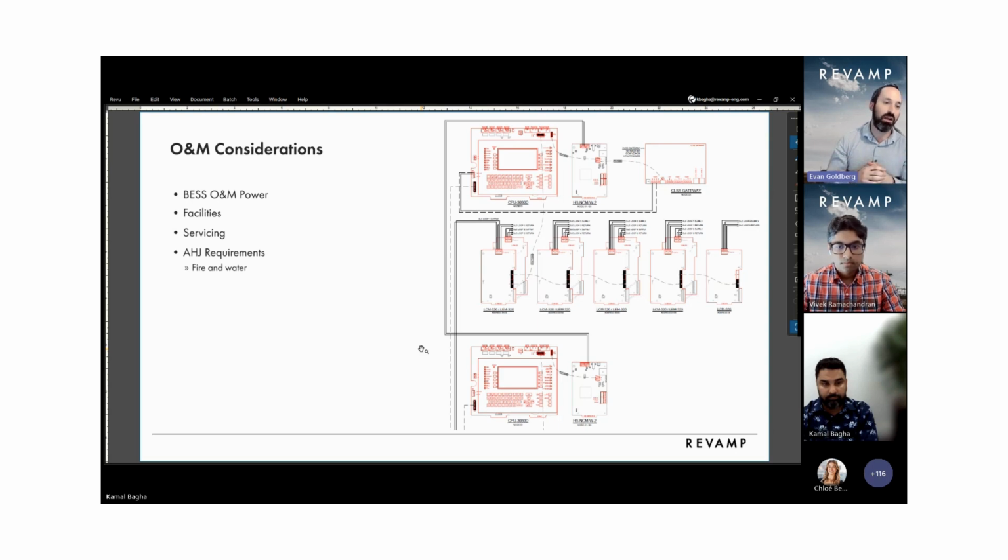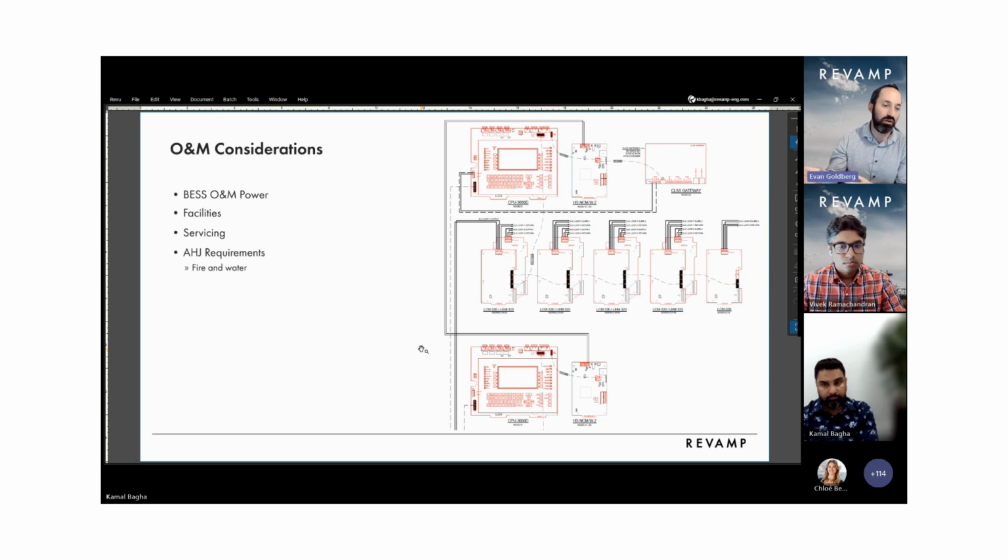Don't forget that some manufacturers also require O&M power in the actual BESS itself, right? Receptacle, where are you going to get that power from? If it's from the substation, are you going to be able to run a circuit that long to the battery, with voltage drop, or are you going to take it from your aux power, etc.? Then you have the actual facilities. Are you going to place the O&M in the footprint around the substation, or are you going to access it through the substation?